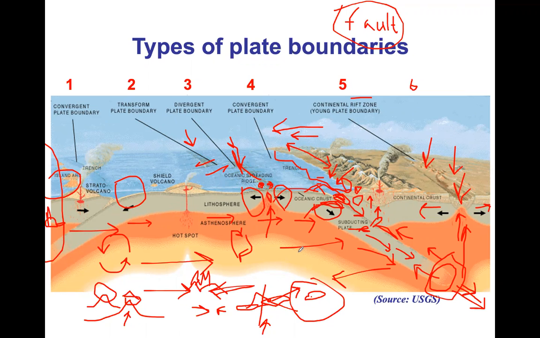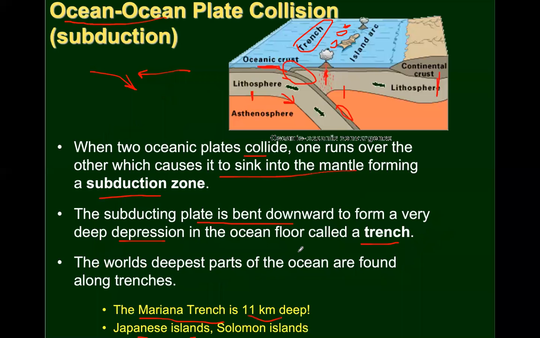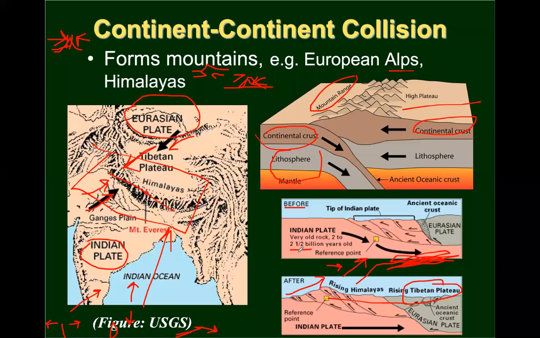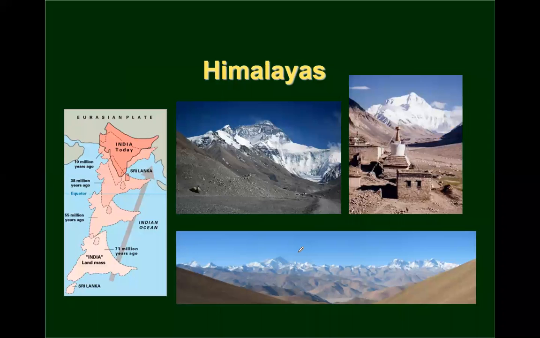Due to that, all these complexities have been created within the earth. So this is all about convergence, and some examples of the historical movements of the Indian plate. So we were like moving together.